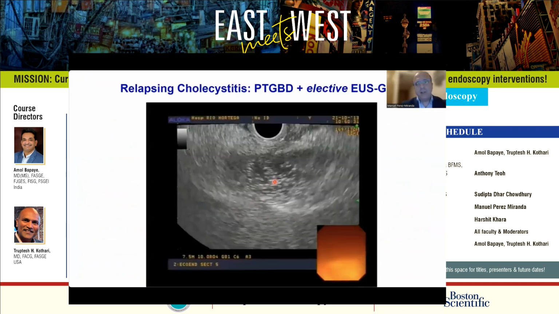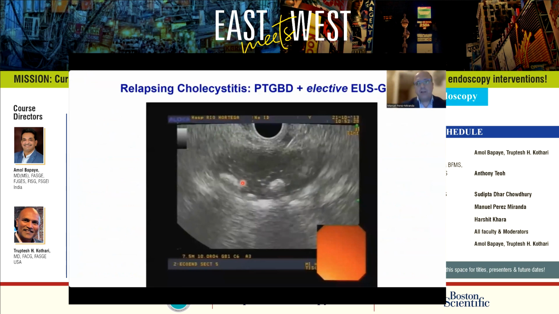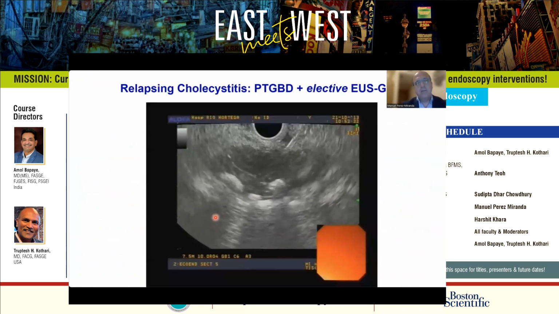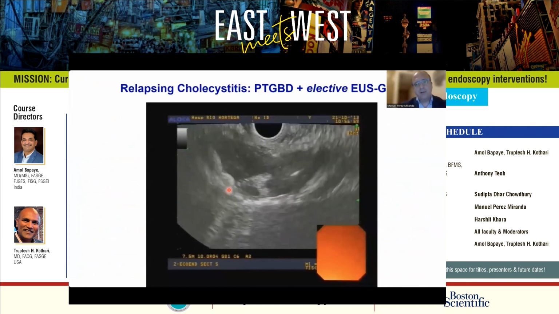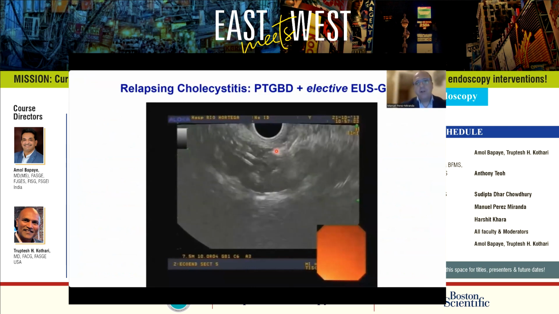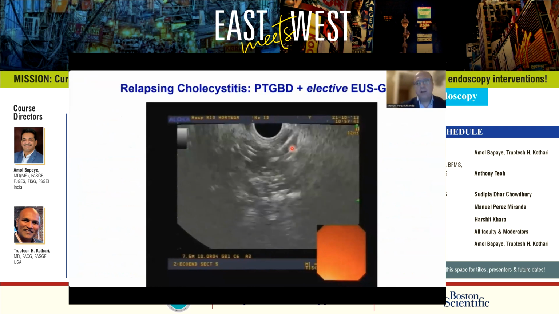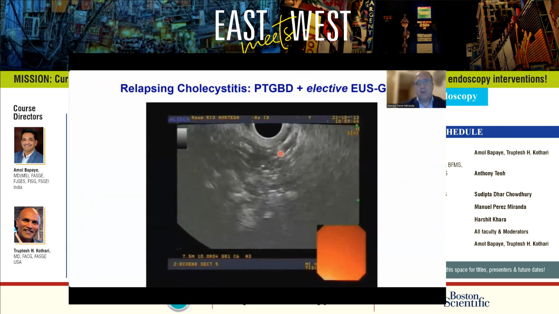Finally, internalization of previous percutaneous cholecystostomy can be done by distending the gallbladder through the percutaneous drain with fluid. The wall of the gallbladder is sometimes thicker and requires dilation.